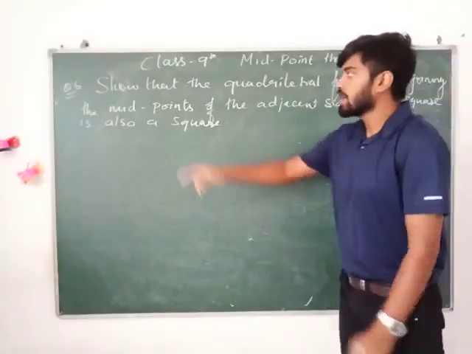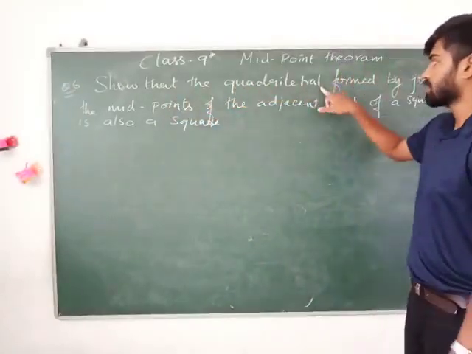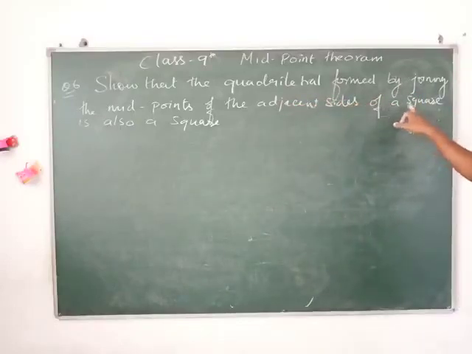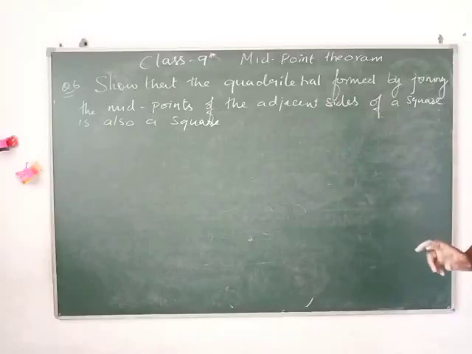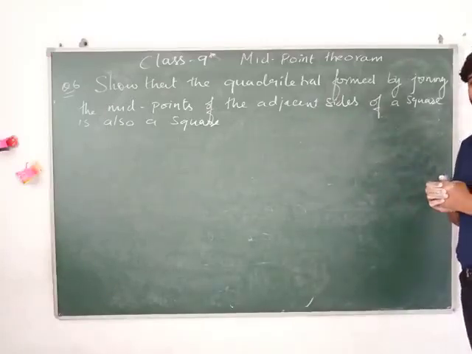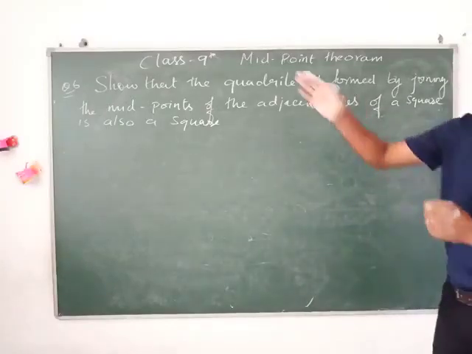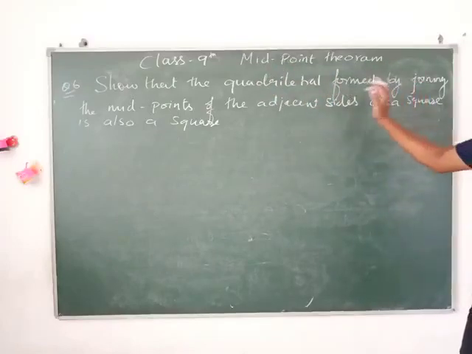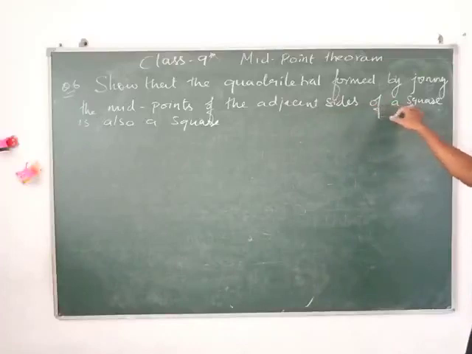Question number 6 says, show that the quadrilateral formed by joining the midpoints of adjacent sides of a square is also a square. I'll explain this question. What is the question trying to say? Show that the quadrilateral formed, it is not formed yet, by joining the midpoints of adjacent sides of a square.